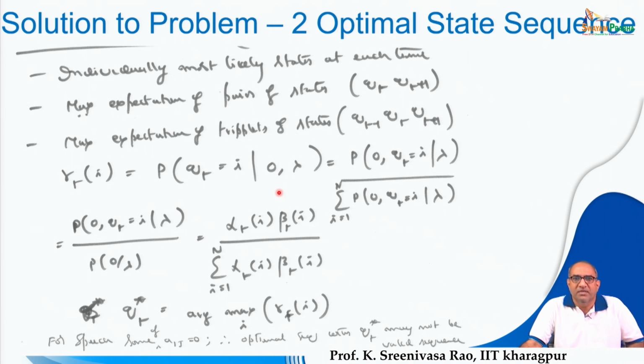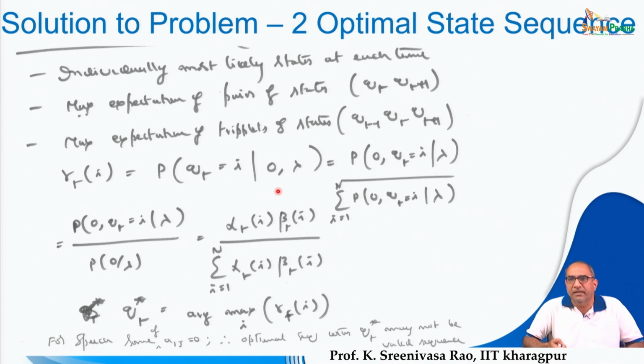One way is to find the optimal state at each time instant. The observation sequence is O1, O2, O3, up to capital T. If we find the best state at each time instance, then the sequence of those best states can be one of the state sequences that provides the best state sequence. At each time instant, from time instant 1, 2, 3 up to capital T, we try to find the best possible state.